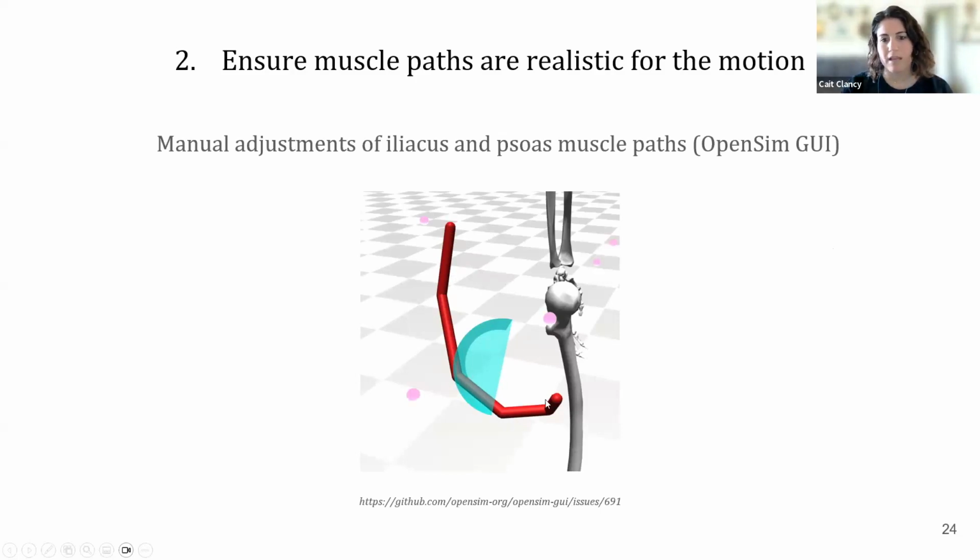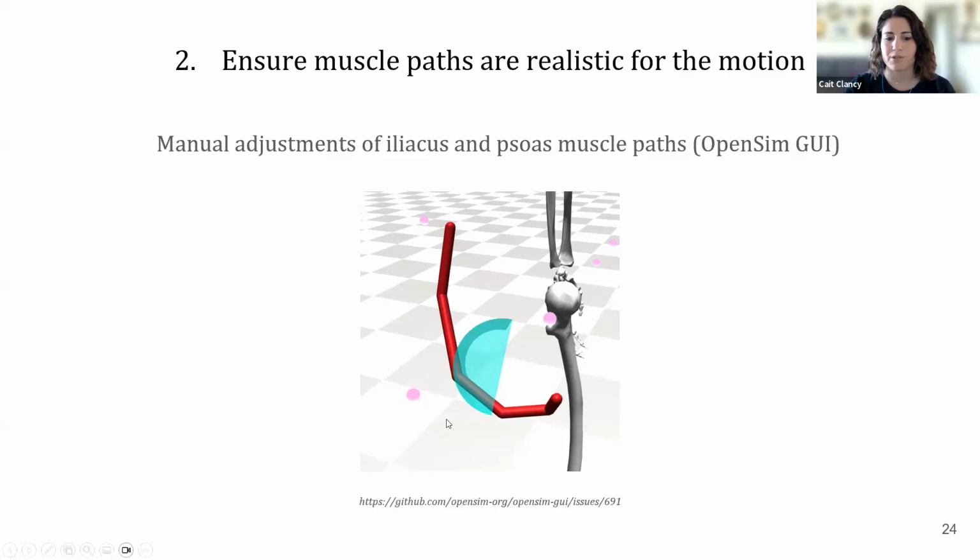Since we scaled the OpenSim model for each of our 16 participants, we noticed that at times this muscle path was inside this wrap cylinder, which should not happen. That wrap cylinder should be there such that during scaling and motion, our muscle path stays outside of that wrap cylinder, since we only have our skeletal model.